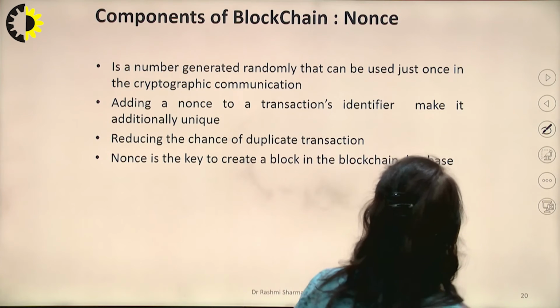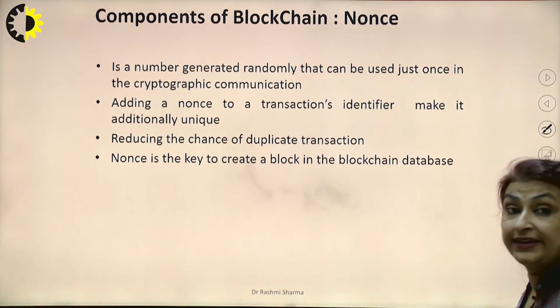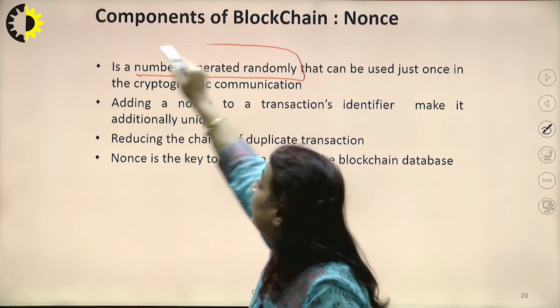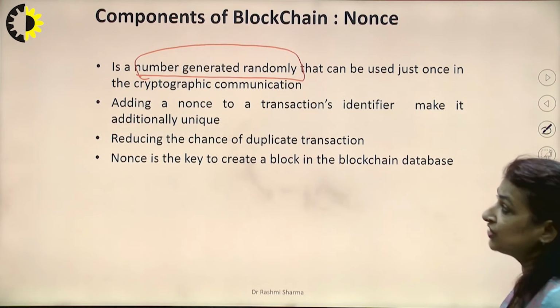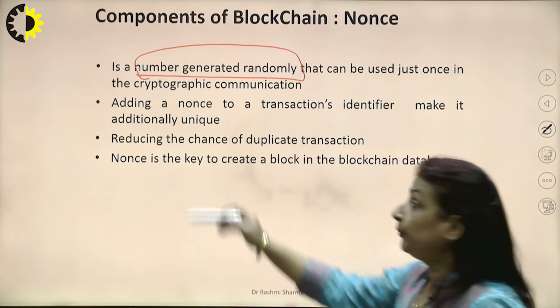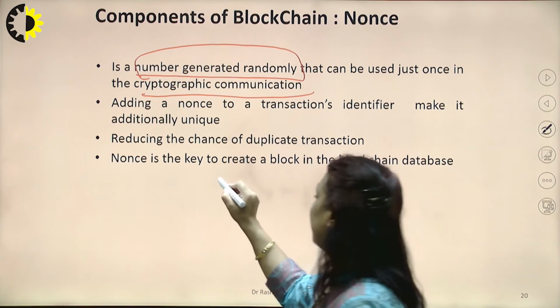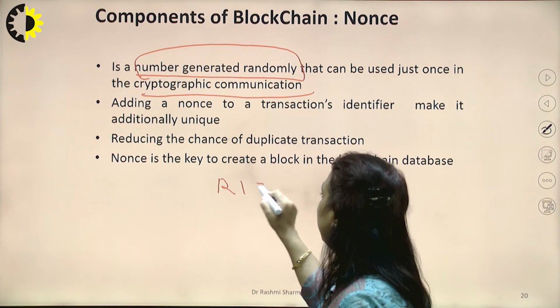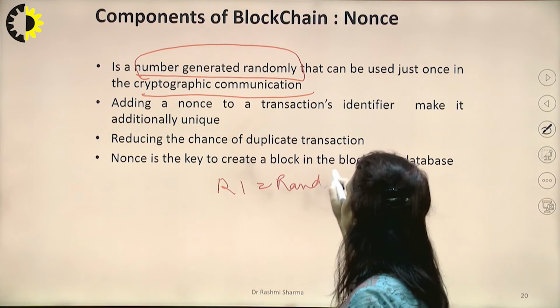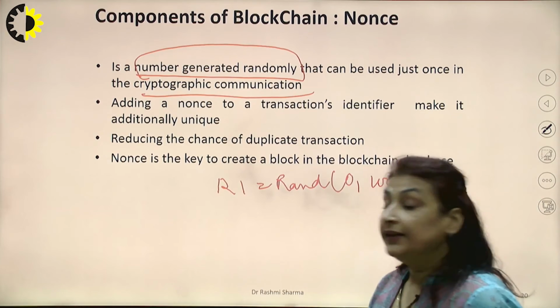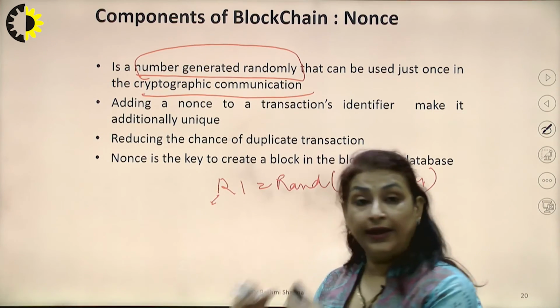Now the fourth component is the nonce. It is a randomly generated number, as we have discussed. This is the random number generation, and it can be used just once for a cryptographic communication. If I have generated a number R1 as a random number between 0 and 100 with 4 decimal places, this R1 cannot be used for n number of transactions.